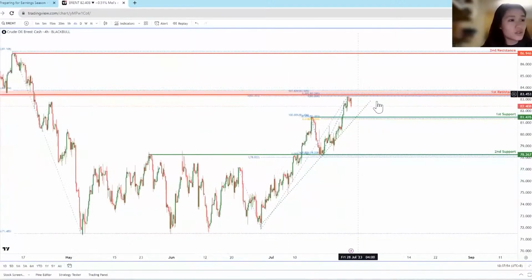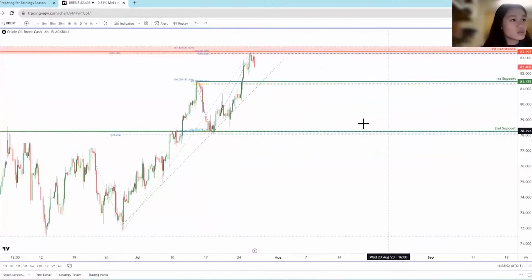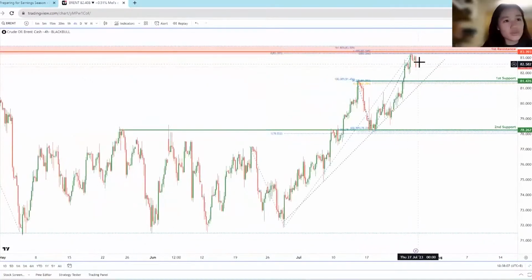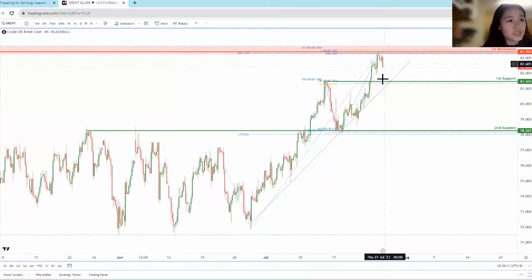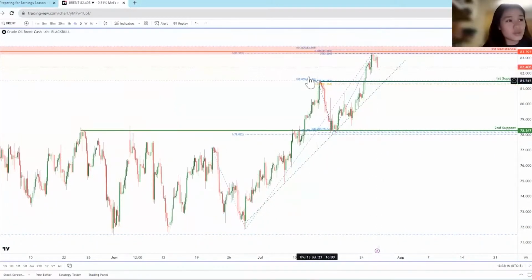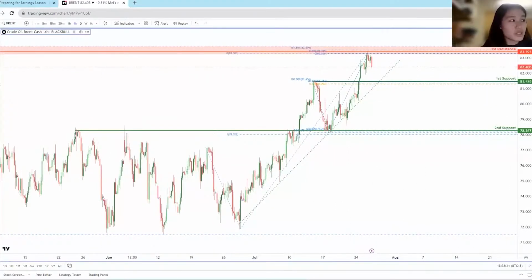So we can see this huge confluence area here is what is pushing price downwards, but we don't see any signs of price breaking out of this ascending trend line. So even though it is a bit bearish over here, we can expect it to hit towards maybe our first support level here, but probably no further than that. Why? Because of this ascending trend line, but also because we have the 61.8 and also the 38.2 Fibonacci retracement.